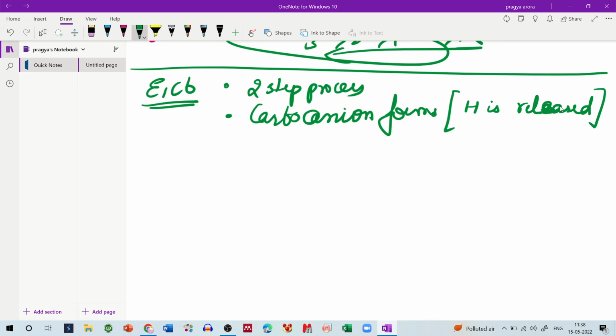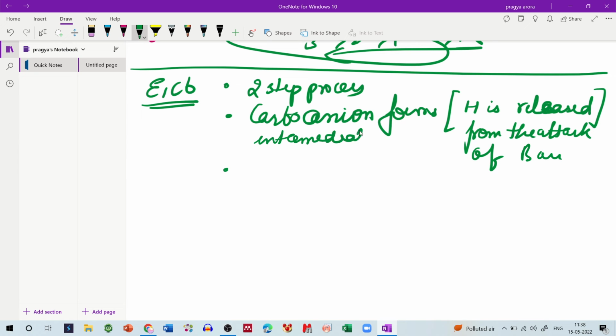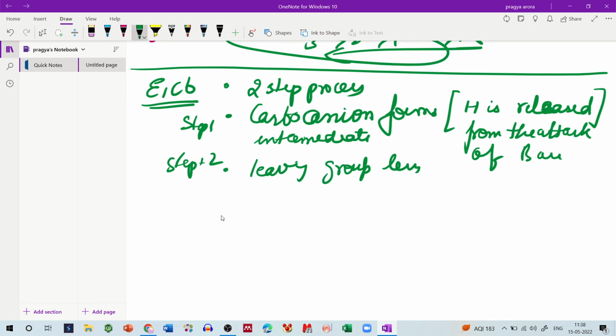The base abstracts the proton first, and the carbanion is generated as an intermediate. Then in the second step, the leaving group leaves. This is step 1, this is step 2. Generally E1CB happens when poor leaving groups are present.